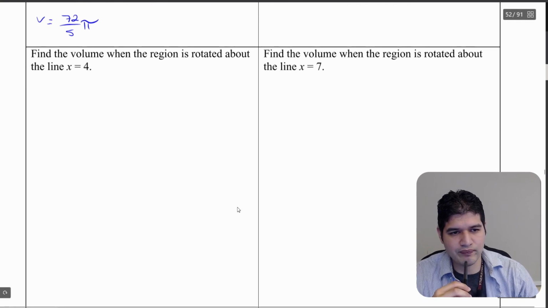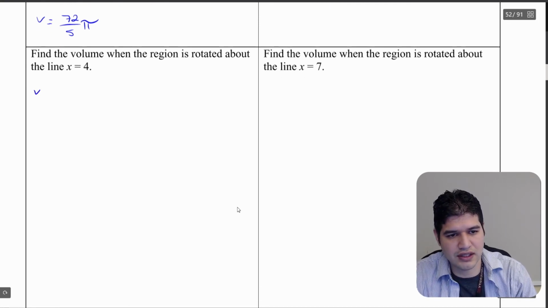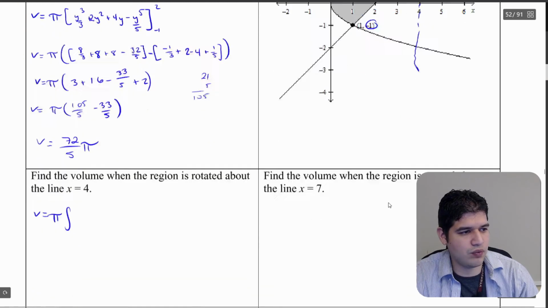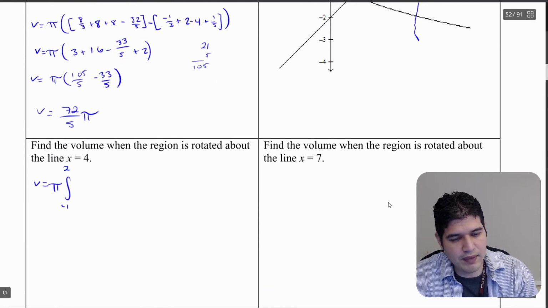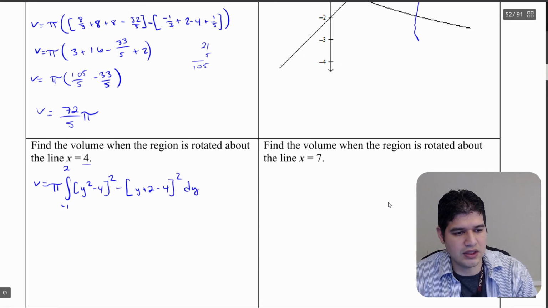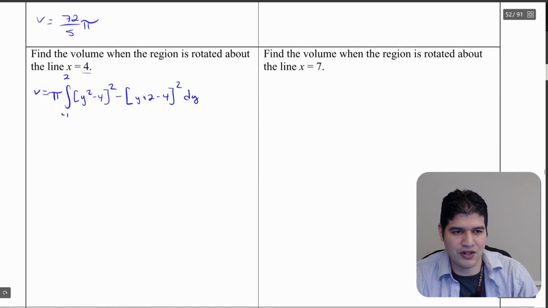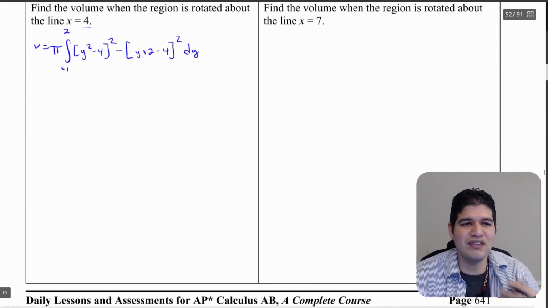So let's go ahead and write out our function. That's going to be volume equals pi. Our limits are going to be -1 to 2 still. And my outer, I said, was y squared. We're subtracting the 4, so y squared minus 4, squared, minus the inner, which is y plus 2, subtracting the 4 still, squared, dy. So let's do these calculations, and hopefully I don't make an error this time. But even if I do, that's okay.